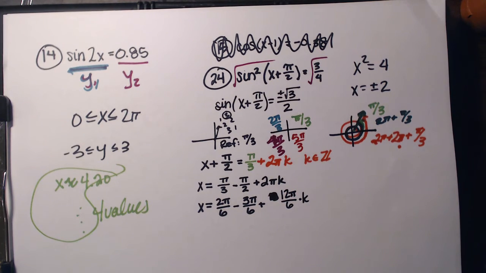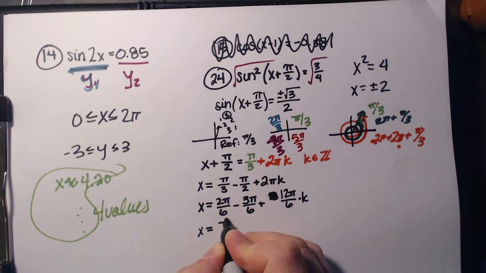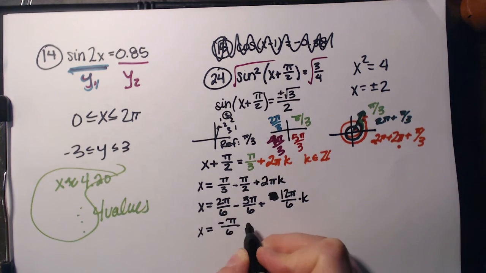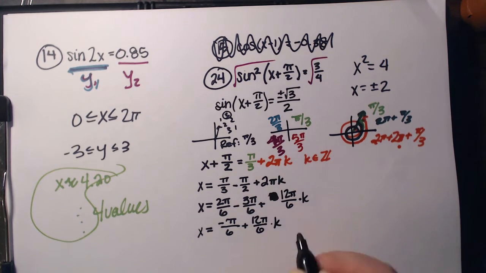Okay, so let's simplify this, and I get negative pi sixths plus 12 pi sixths times k.